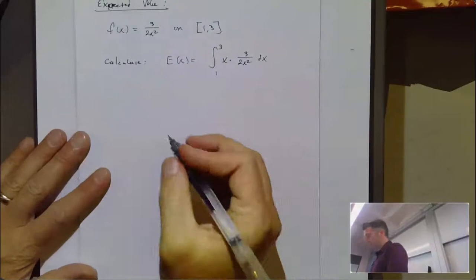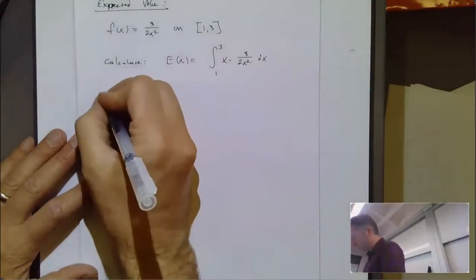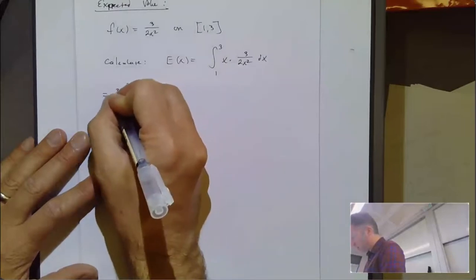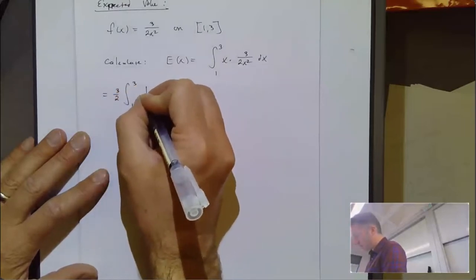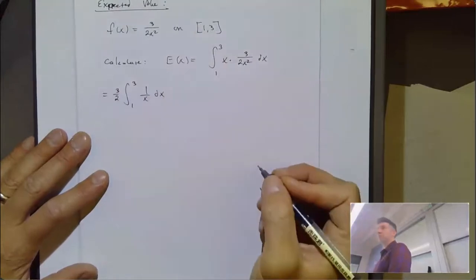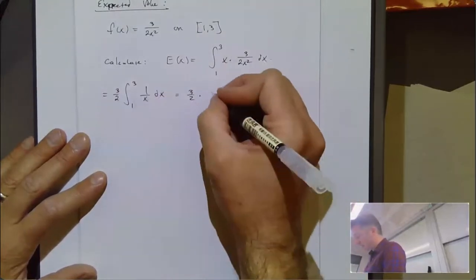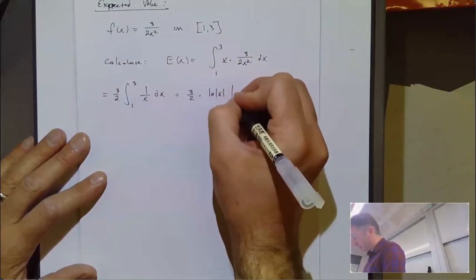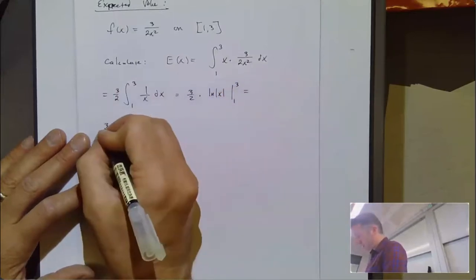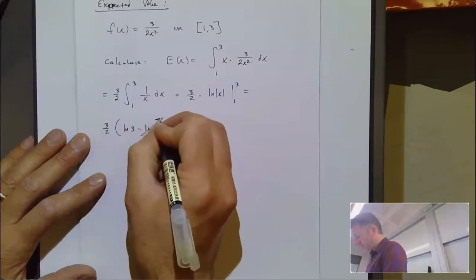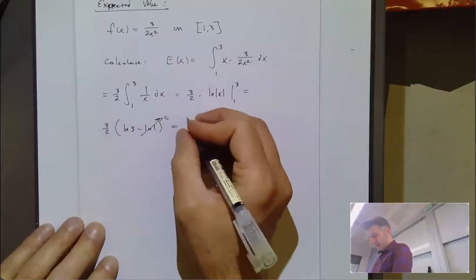Okay, so let's see, I'm going to cancel an x, so that's going to be the integral from 1 to 3. Let's factor out the 3/2 as well. 3/2 times the integral of 1 over x. So that's going to be 3/2 times the natural log of the absolute value of x from 1 to 3. It's going to be 3/2 times the natural log of 3 minus the natural log of 1. So you get 3/2 times the natural log of 3.